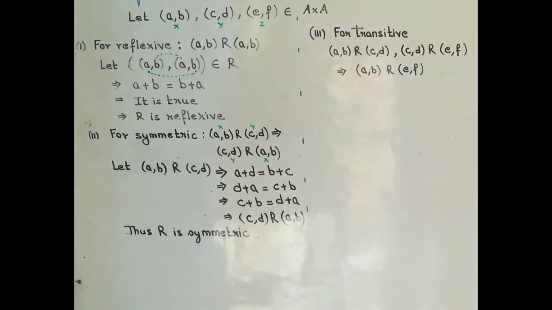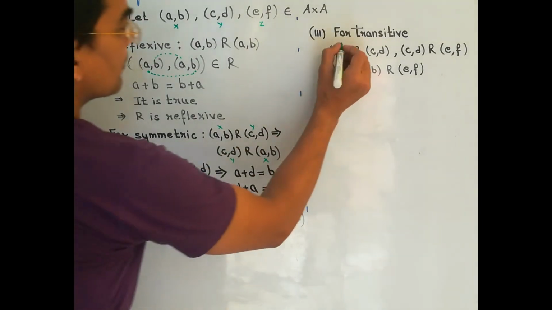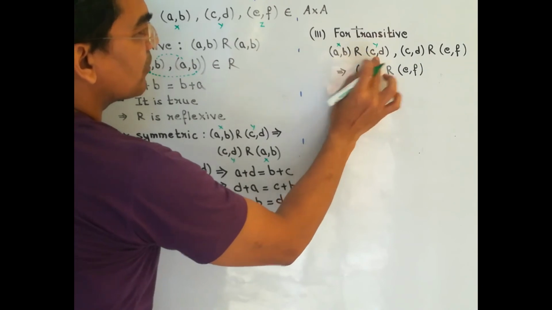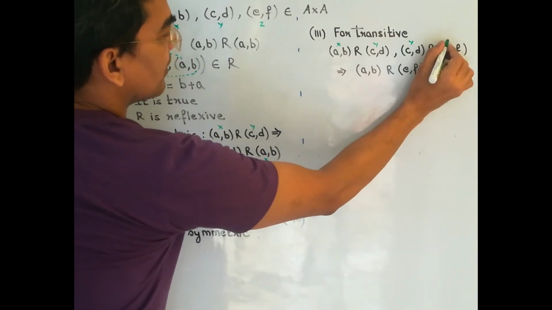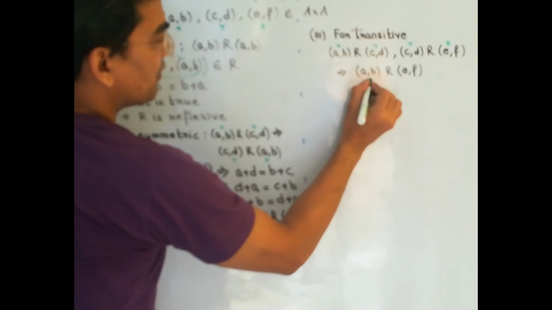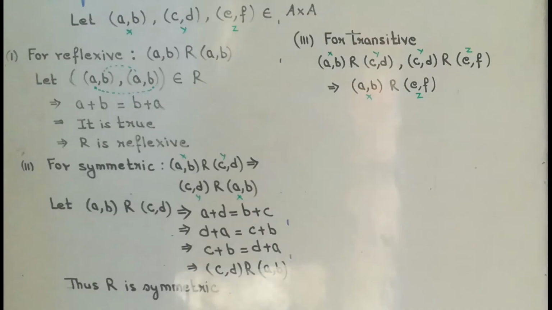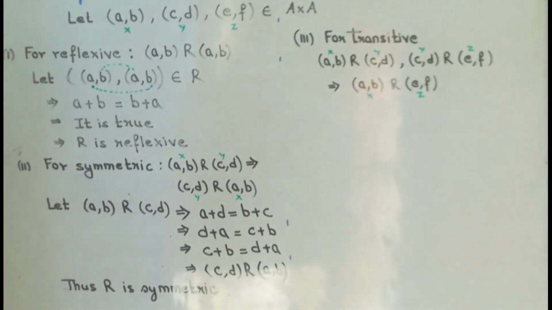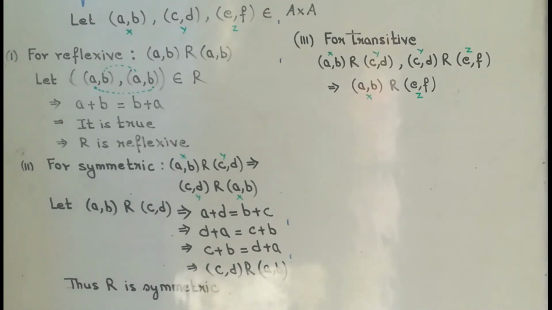You can see there we have written the definition. Now you will read it as x, this as y. So x related to y and y related to z implies that x is related to z. So here we have x related to y related to z, and we have to prove that x is related to z. Now let's see how we will prove it.